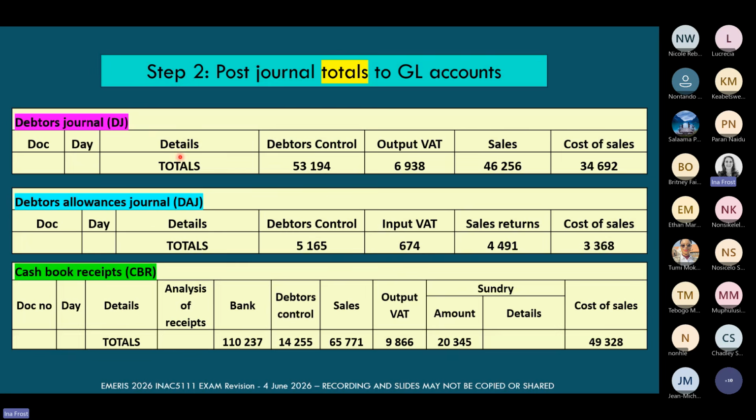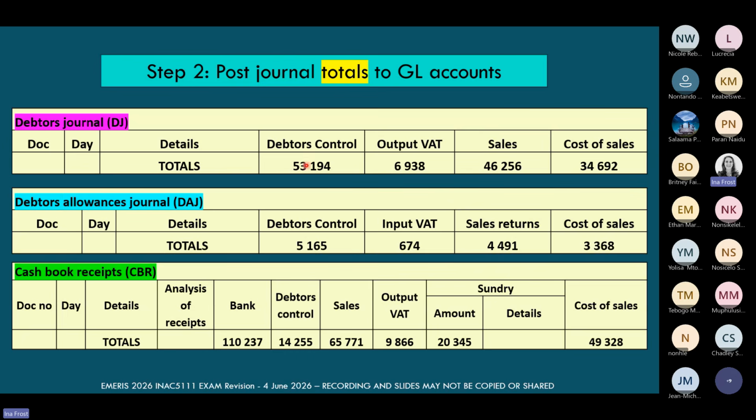Step number 2 says, now it's time to post the journal totals to the general ledger. And again, for our example, I've got 3 journals here: a debtors journal, debtors allowances journal, cash book receipts. How will I know which of all these many numbers goes to the debtors control account?